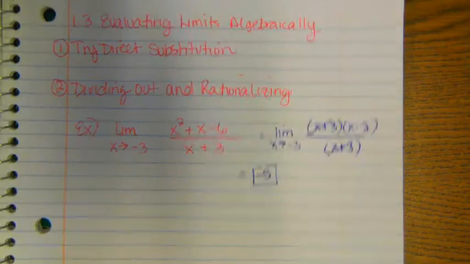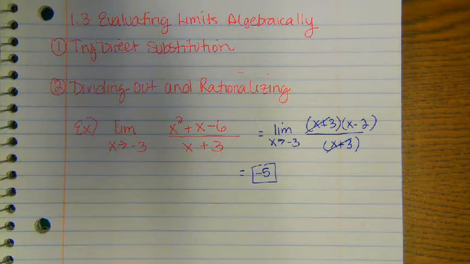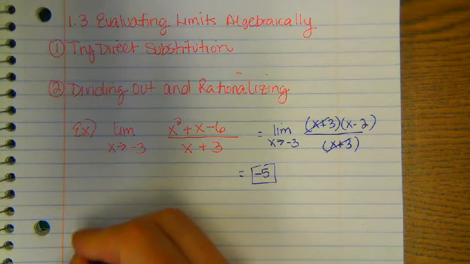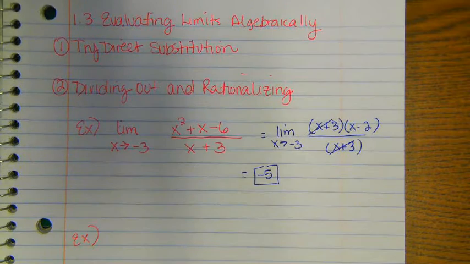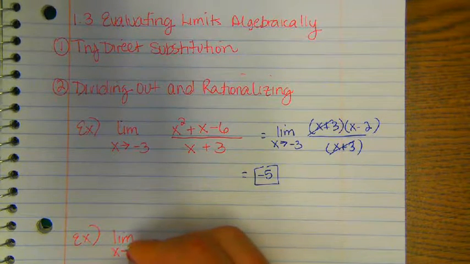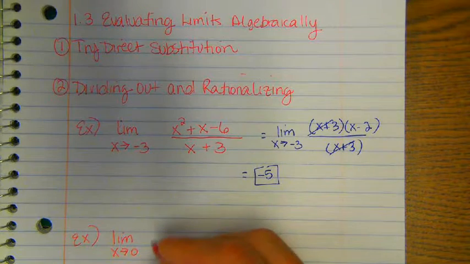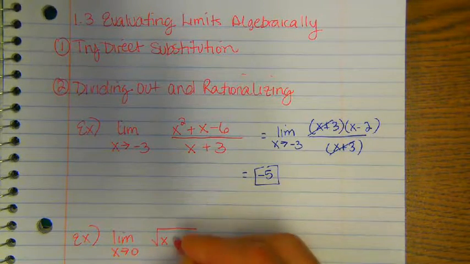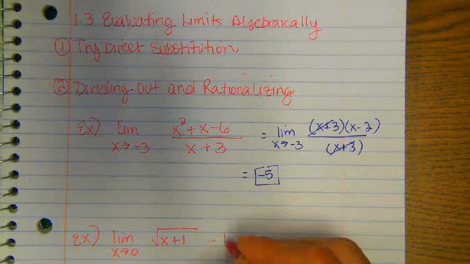Second issue. Let's say I asked you to find the limit as x goes to 0 of the square root of x plus 1 minus 1 over x.